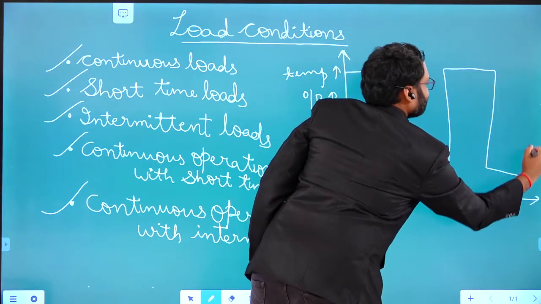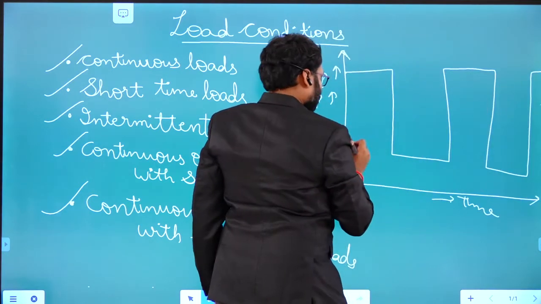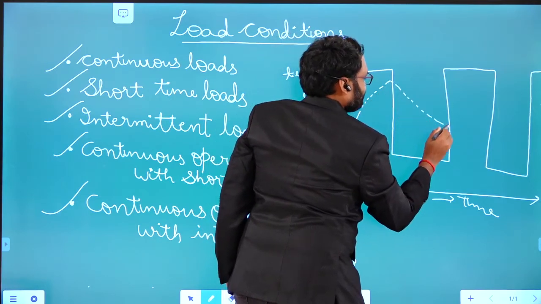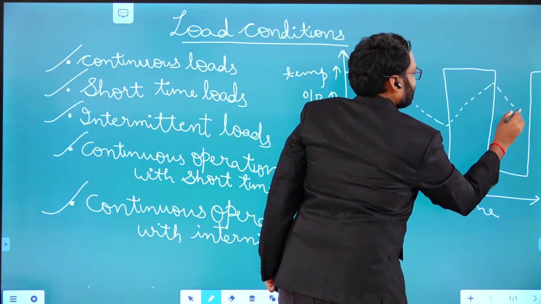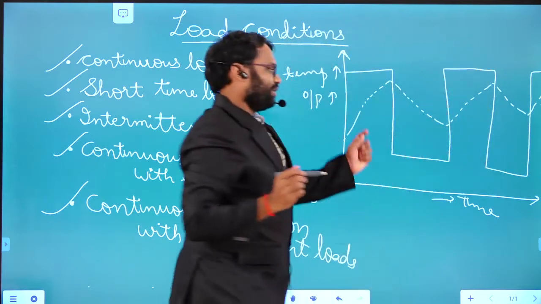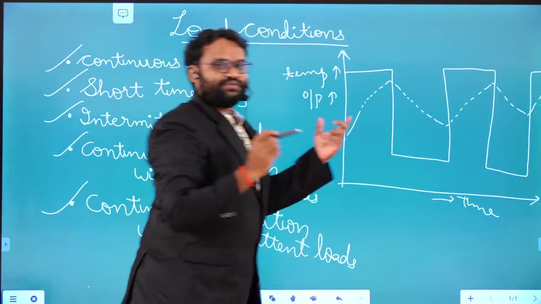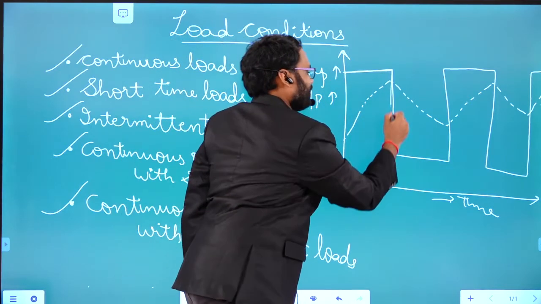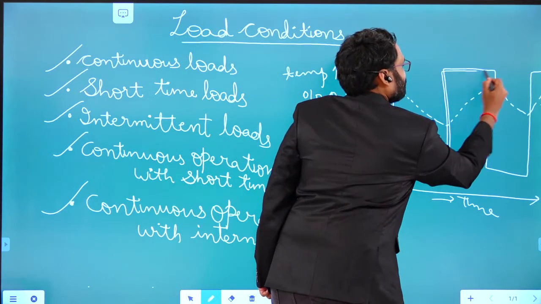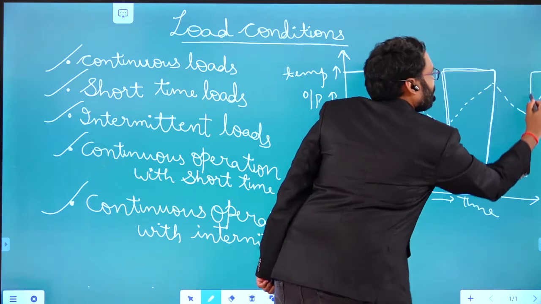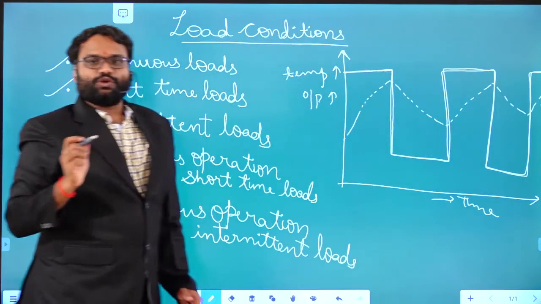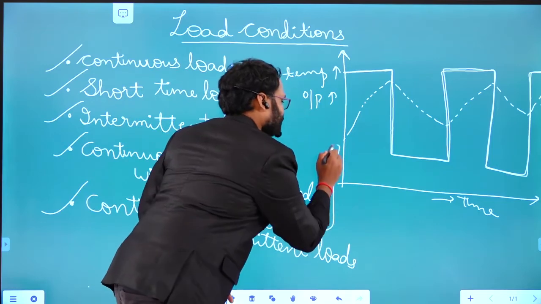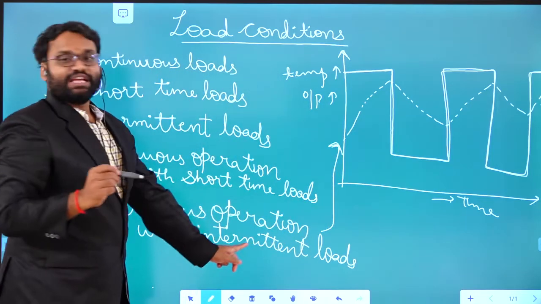Sometimes the load is maximum and sometimes the load is minimum. If you see the dotted temperature curve, we are not giving sufficient time for the temperature to fall. The first and foremost thing is that in continuous operation the load torque never becomes 0, so we call it a continuous load, and here it is continuous operation with intermediate loads.